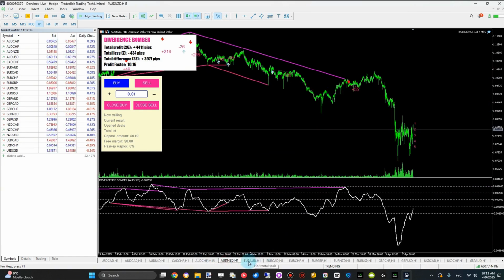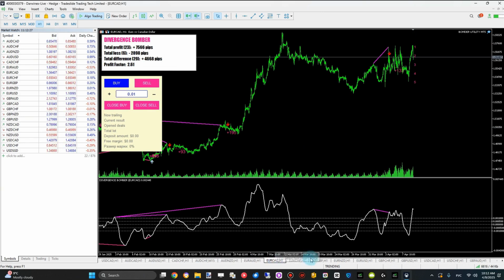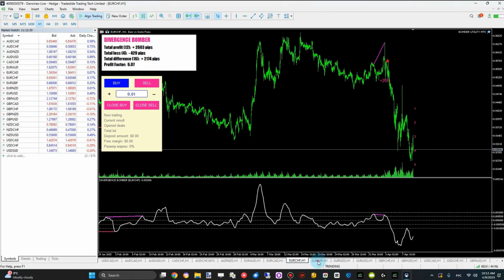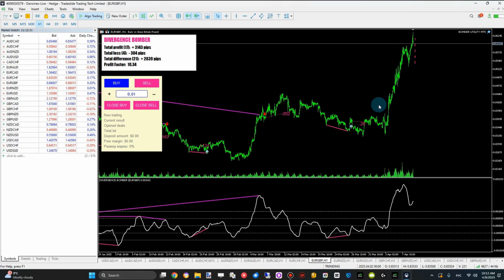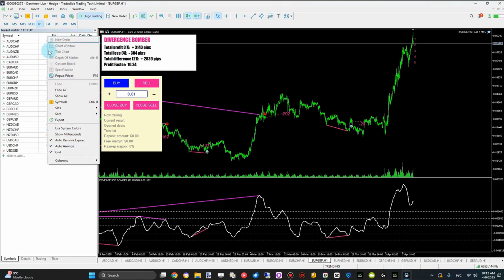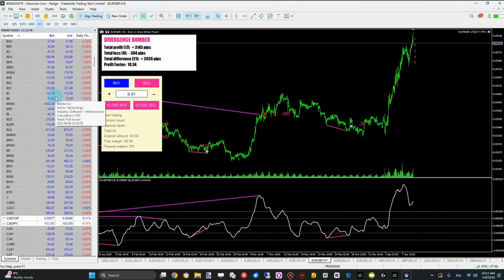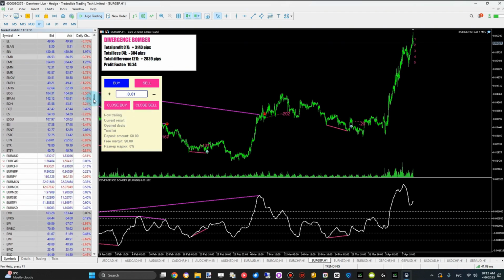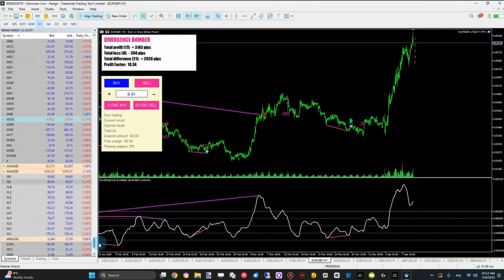Thus, I can essentially open for you any asset that there is in our trading platform. Now I use currency pairs, although you can make a show all here. On my broker's MT5 platform, I have about 1,000 assets on which I can trade using Divergence.